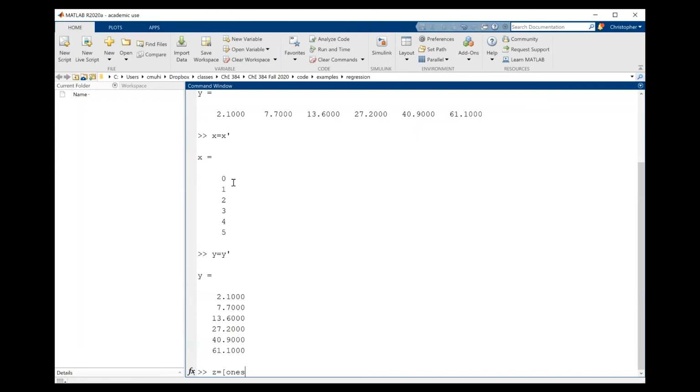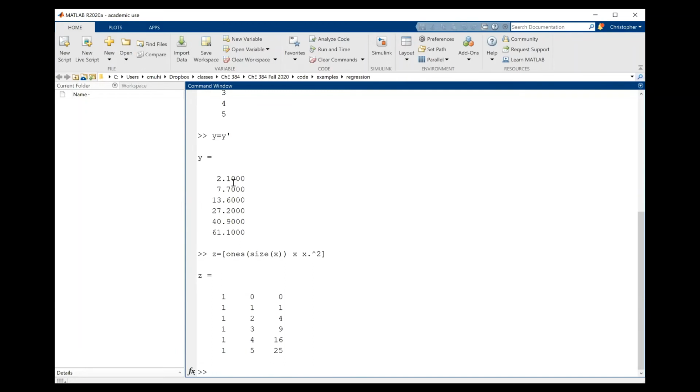So I can use the ones command in conjunction with size to make sure that I have a vertical column of 1s. Then I can concatenate in just X, and then I need my X squared term, so I can just type in X squared down there. Enter, and we should have this nice Z matrix.